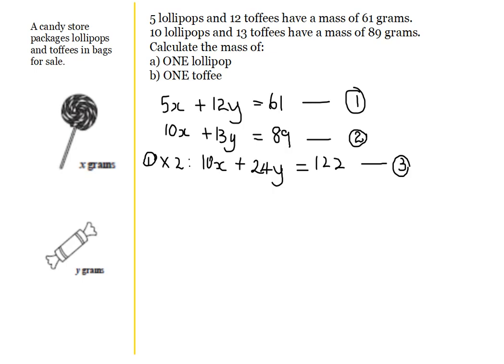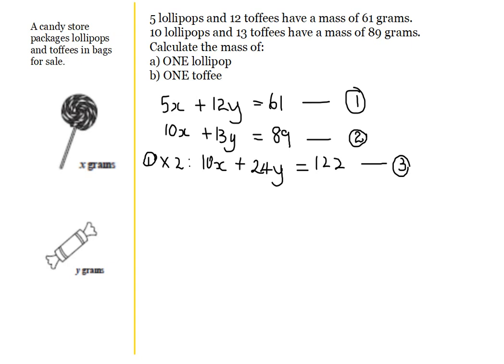And what I'm going to do is I'm going to subtract equation 2 from equation 3, right? Now, there is no hard and fast rule saying that I can't subtract equation 3 from equation 2, but if I do that, I'm going to introduce negatives into the picture.